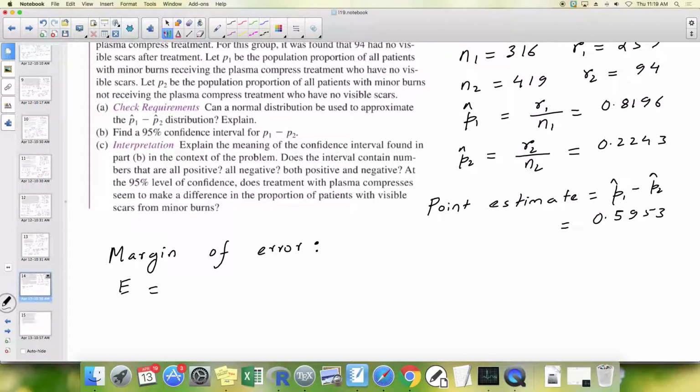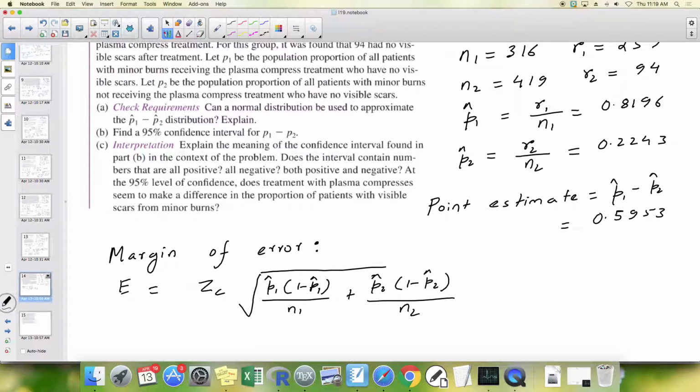The formula is ZC times square root of P1 hat (1 minus P1 hat) by N1 plus P2 hat (1 minus P2 hat) by N2. All right, so by the way, what's ZC? So it's a 95% CI, so your ZC shall be 1.96.